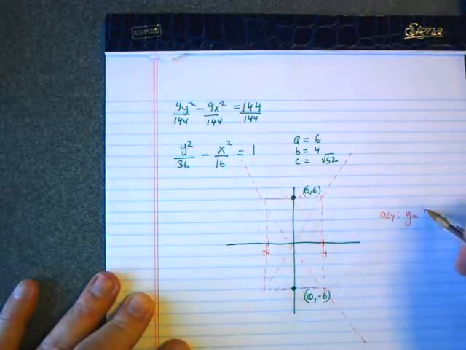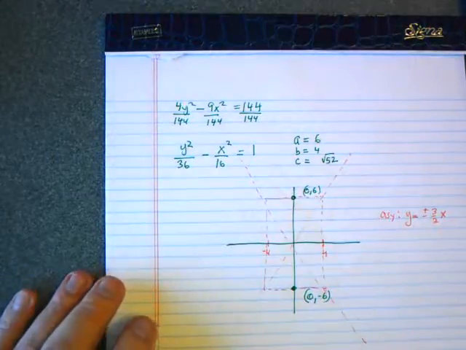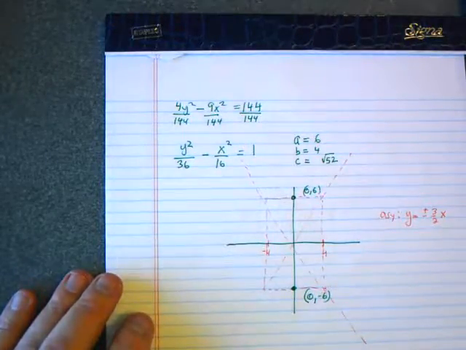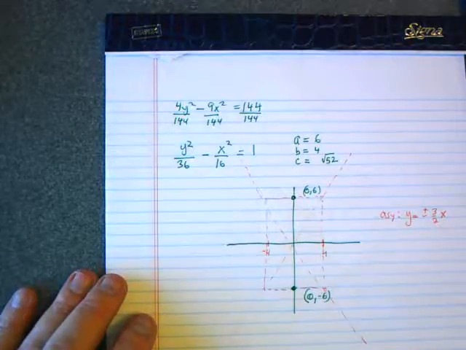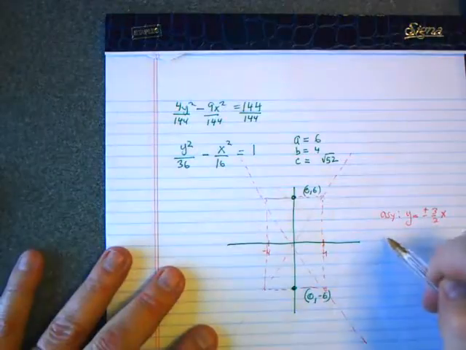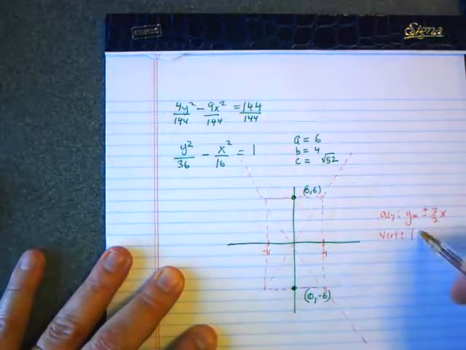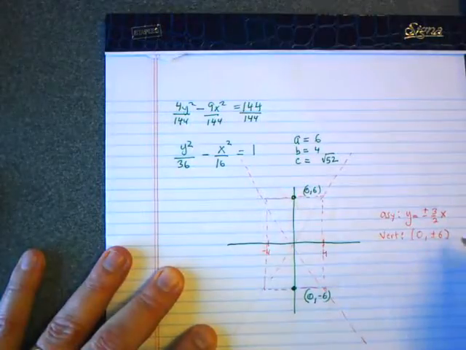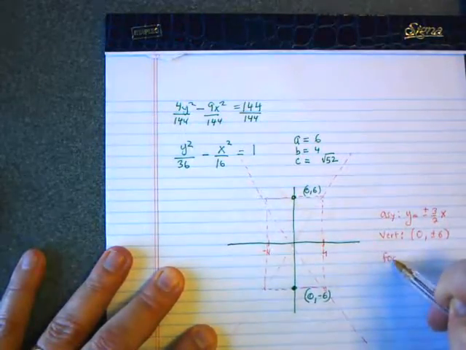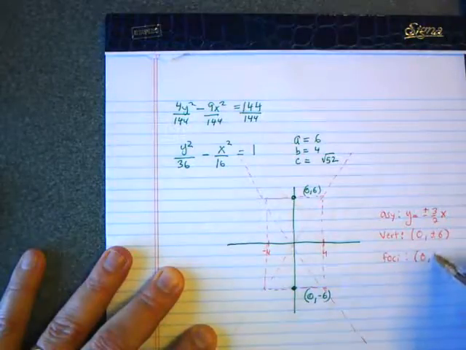So the asymptotes are plus and minus 3/2 x. Vertices we already found. 0, plus and minus 6. The foci we already found. 0, plus and minus square root of 52.